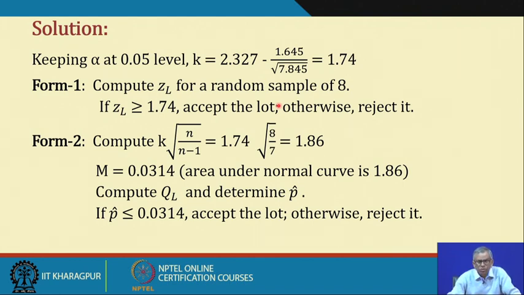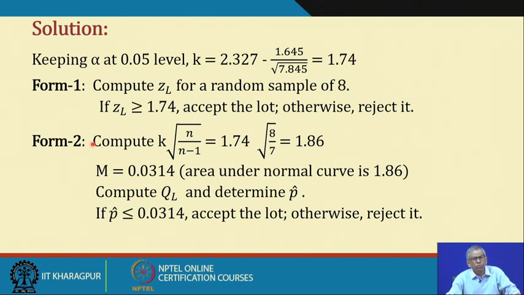When x bar is known, you must get a sample of size 8, that means 8 values, and you compute x bar. Once you compute x bar, when L and sigma are known, you can compute ZL. If ZL is greater than or equal to 1.74, that is the value of k, we accept the lot, otherwise you reject the lot.